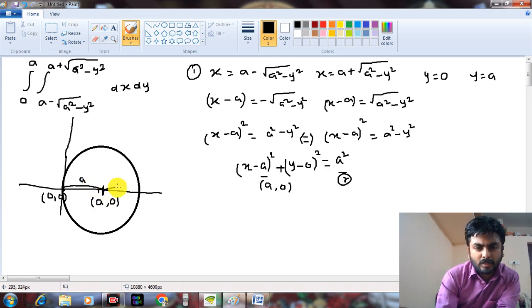This radius is also a. So the total distance is 2a, 0.